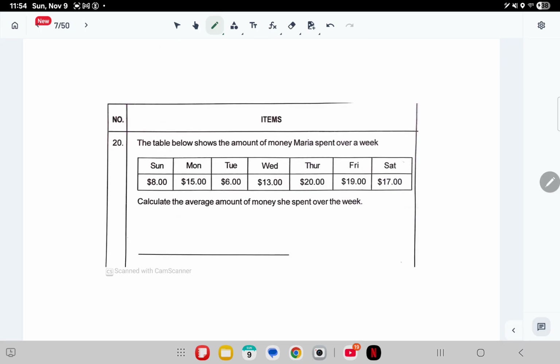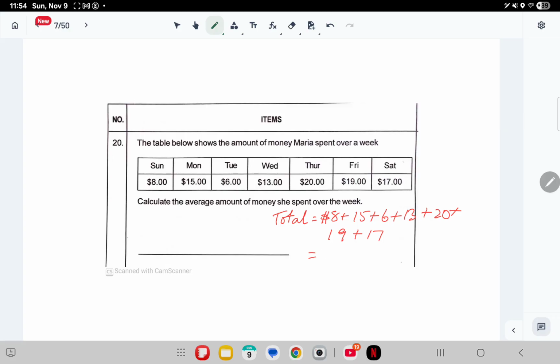Number 20. The table below shows the amount of money Maria spends over a week. Calculate the average amount of money she spent over the week. So we know it's Sunday to Saturday there, so we see it is 7 days. Alright, first we need to calculate the total. So total is equal, we add up all. $8 plus $15 plus $6 plus $13 plus $20 plus $19 plus $17.